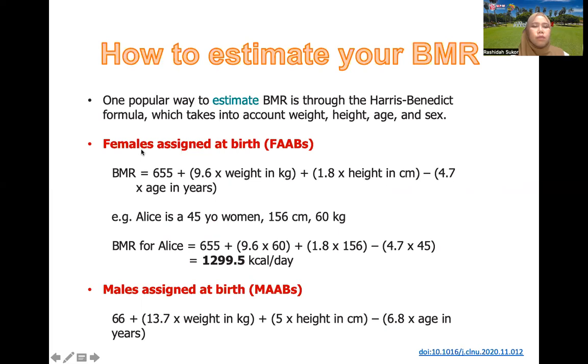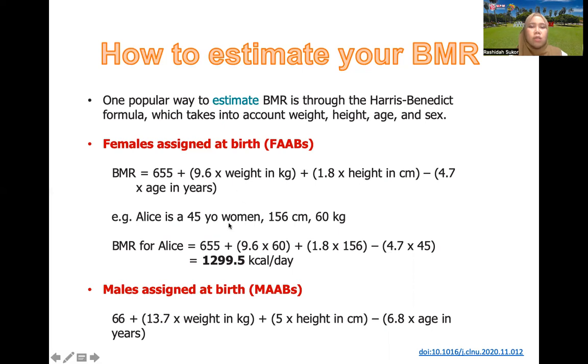For example, if you are female, this is the formula for female: 655 plus 9.6. If you are male, you can use this formula. I gave an example here. Alice is a 45-year-old woman at 156 cm height and 60 kilograms of weight.